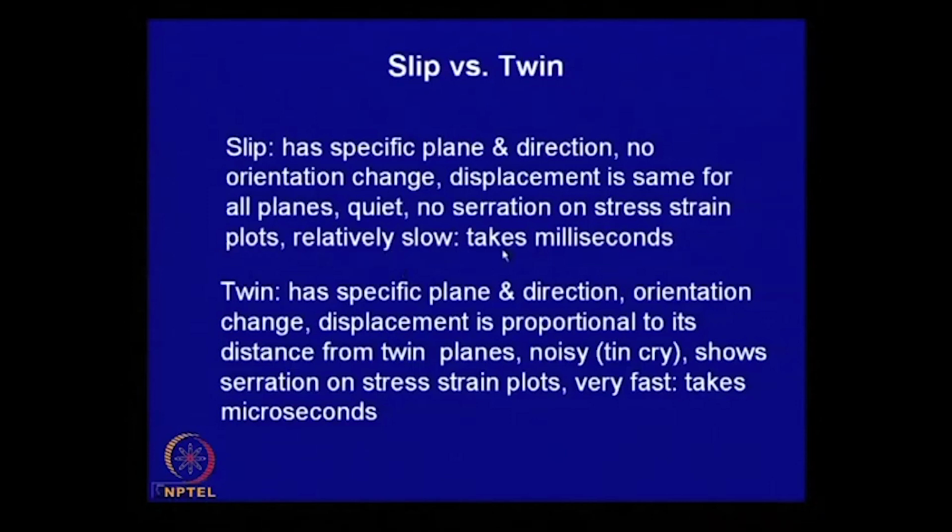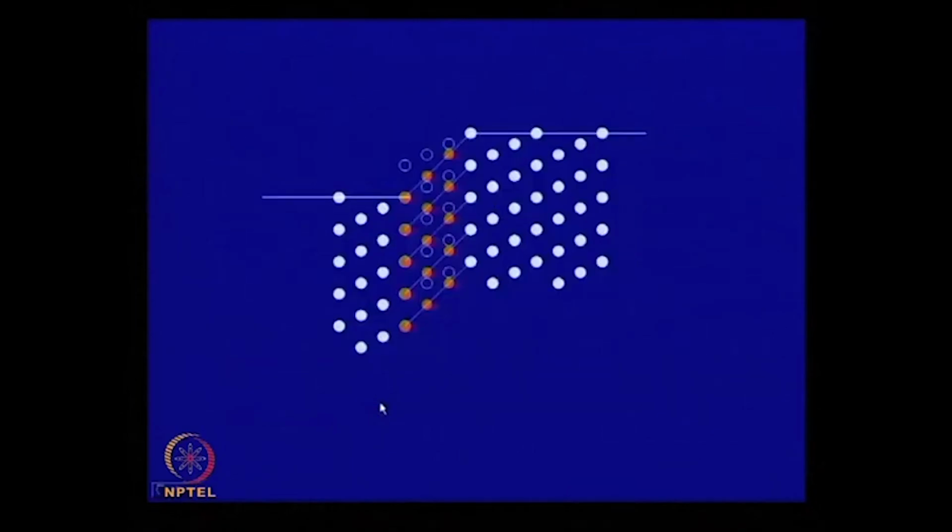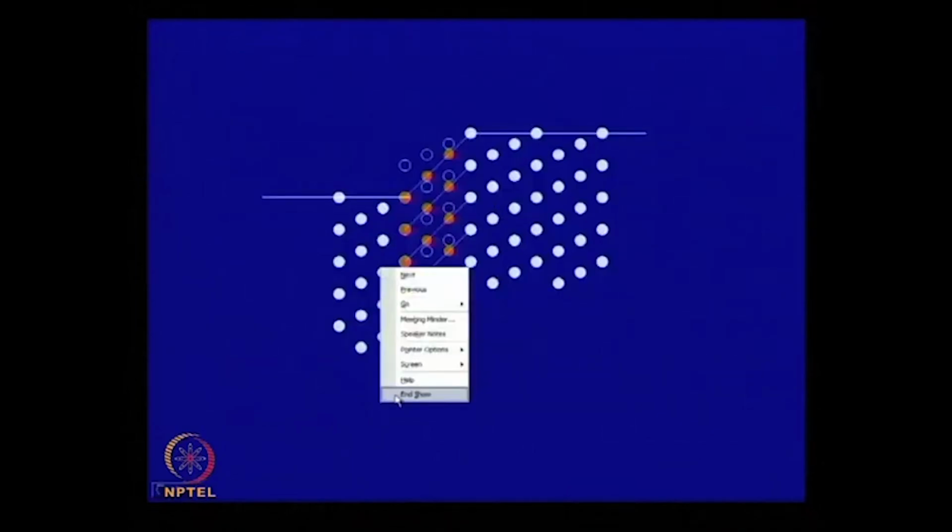It takes time, of the order of milliseconds, for the deformation to take place, and this process is very smooth. If you look at the stress strain diagram, there is no serration if the deformation is due to slip. Whereas in twin, the process is very fast, it takes place in microseconds, and the stress strain diagram shows serrations, something like the yield point phenomenon. So, in short, this is the basic difference between the two.